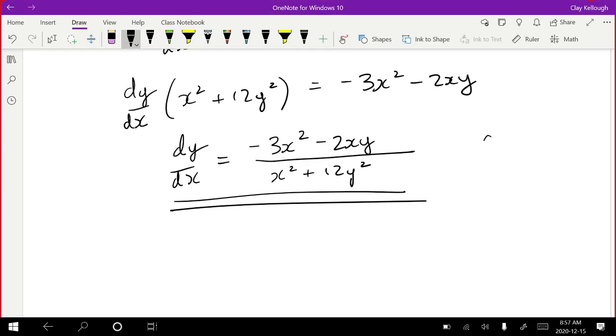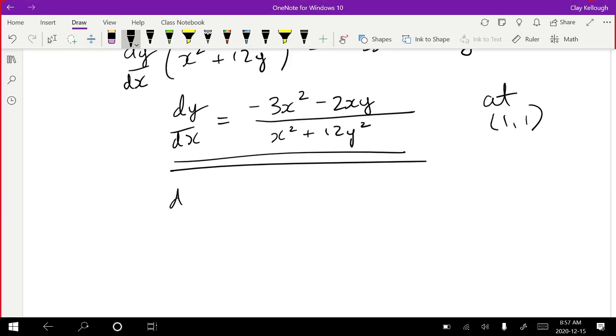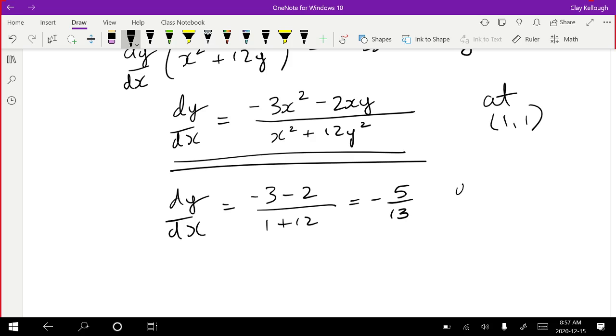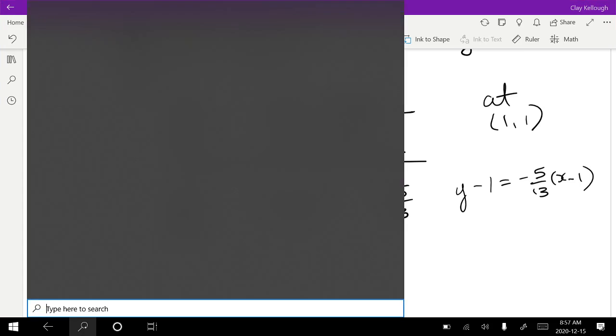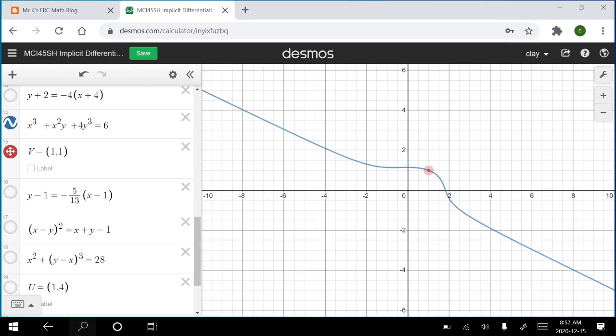So at (1, 1), dy/dx would equal negative 3 minus 2 all over 1 plus 12, which is negative 5/13. So the equation of the tangent at that point would be y minus 1 equals negative 5/13 times x minus 1. So again, go back to my Desmos, and I'll actually graph that.